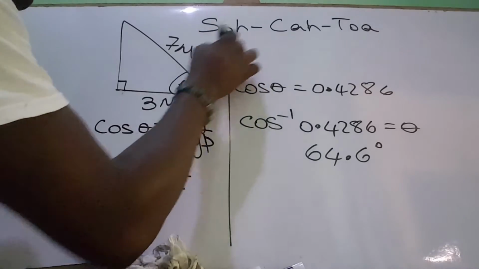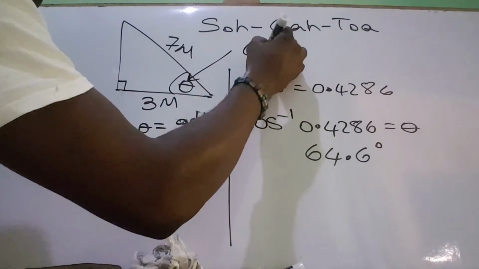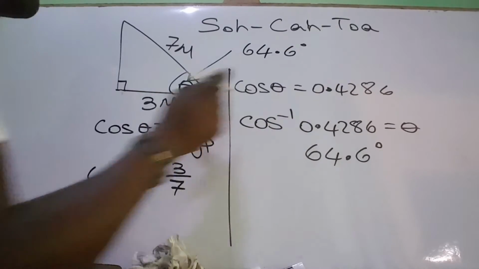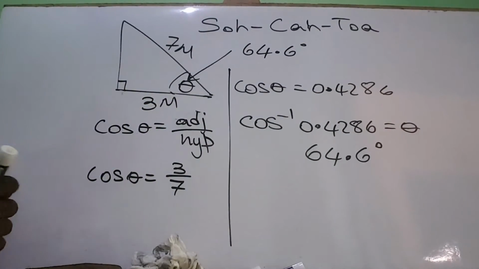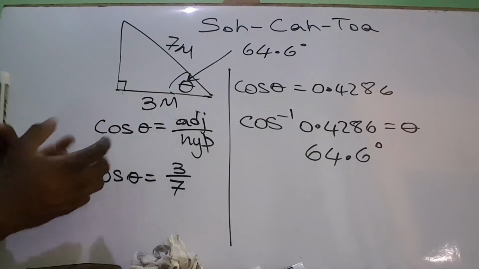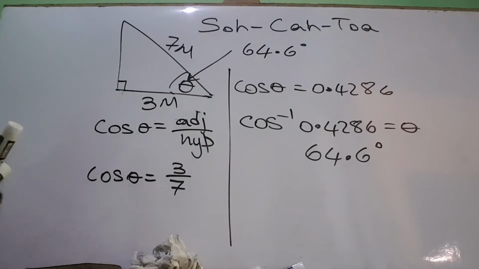So that's the angle here. The angle here is 64.6 degrees. So there, as you can see, we utilize the cosine rule based on the situation to find the angle there.